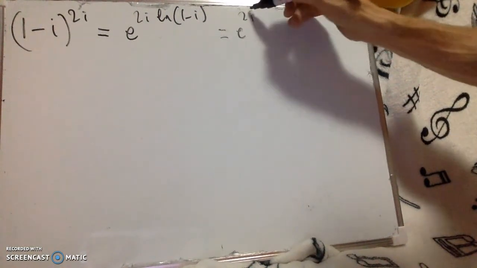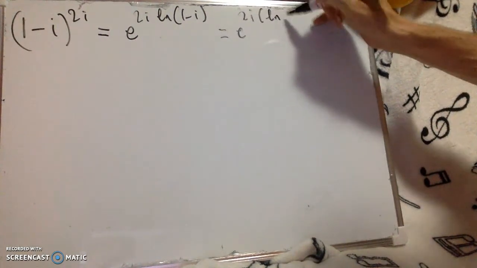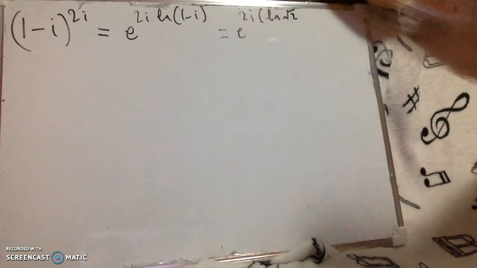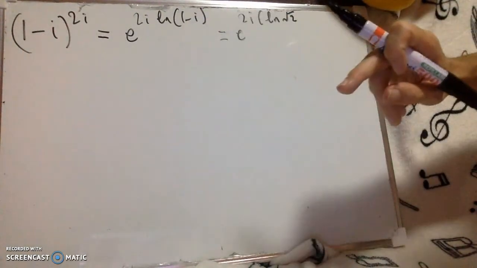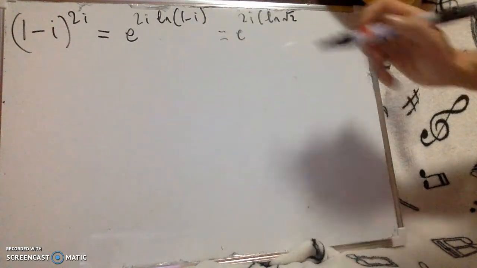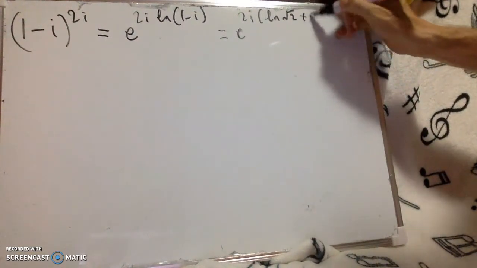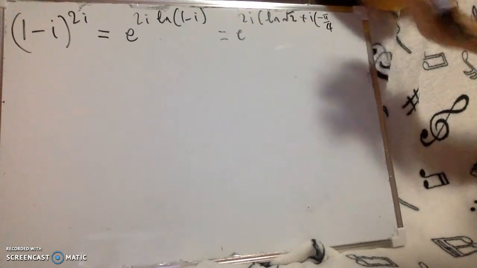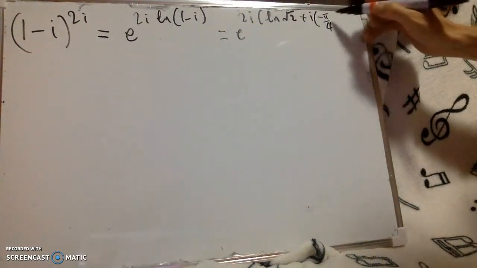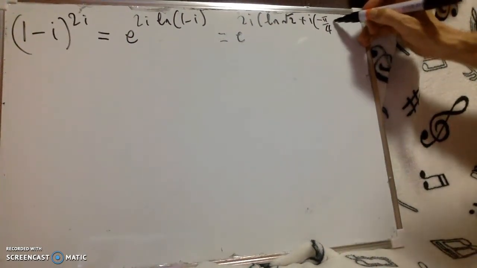The modulus is root 2, and the argument of this is minus pi by 4, so it's going to be plus i times minus pi by 4. Looking ahead, rather than add 2 pi n, I'm going to subtract 2 pi n.